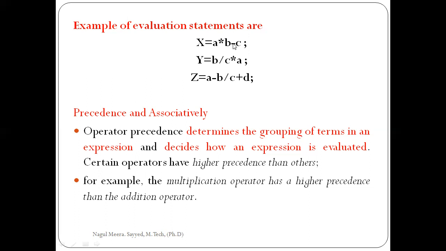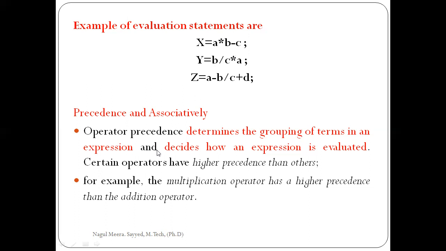Here there are two operators, into and minus. In this particular example, which operation is performed first and which is performed next? This ordering is nothing but precedence and associativity.